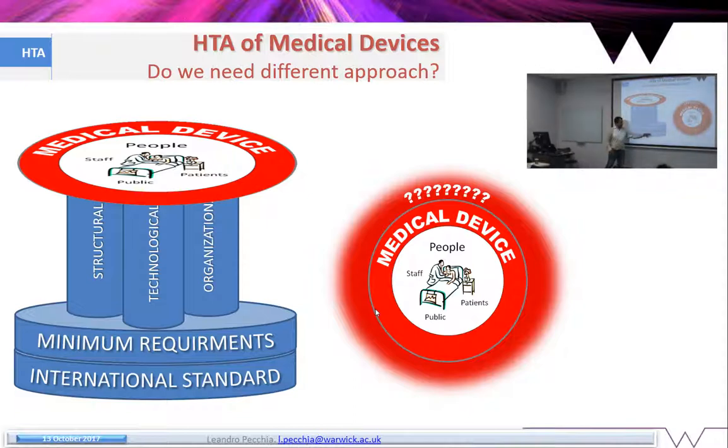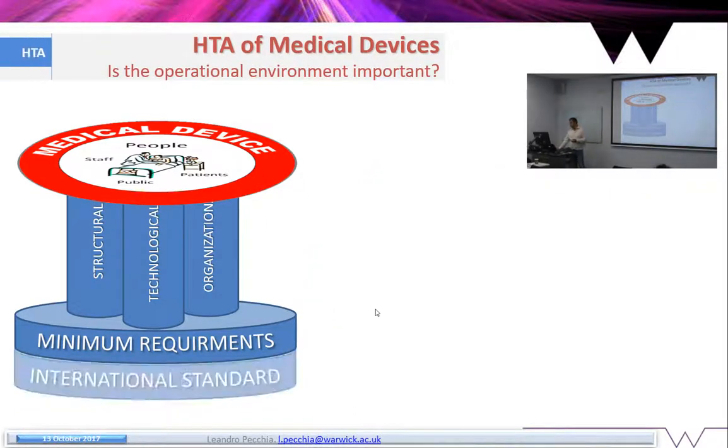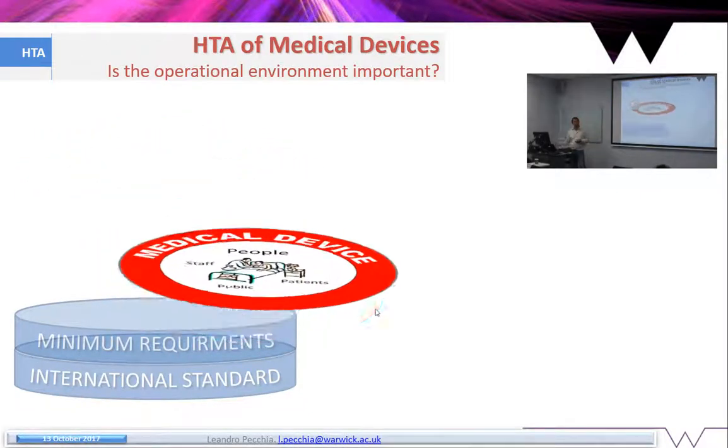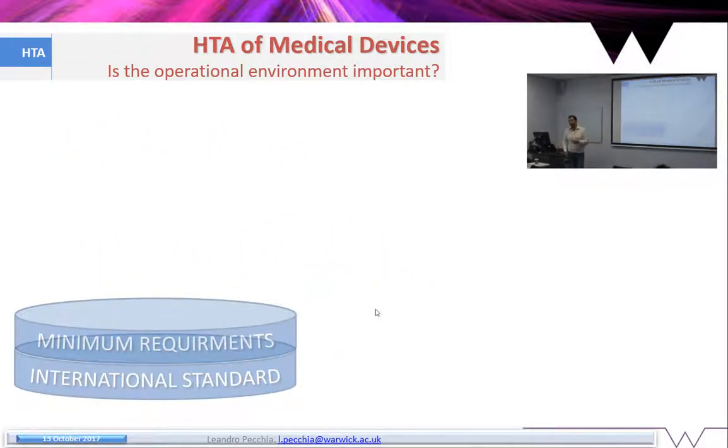If your environment is standard and meets very high minimum requirements, then we consider minimum requirements from the structural point of view, how it is designed, the surgical theater, the technological point of view, what is the surrounding technology you need in order to use your medical device, and organizational issues, if you are in the UK, which kind of medical doctor you need to have for this intervention. And I will show you with some real case studies that if you start taking off this pillar, that pillar, then the same medical device is far less effective and far more risky for the patient.